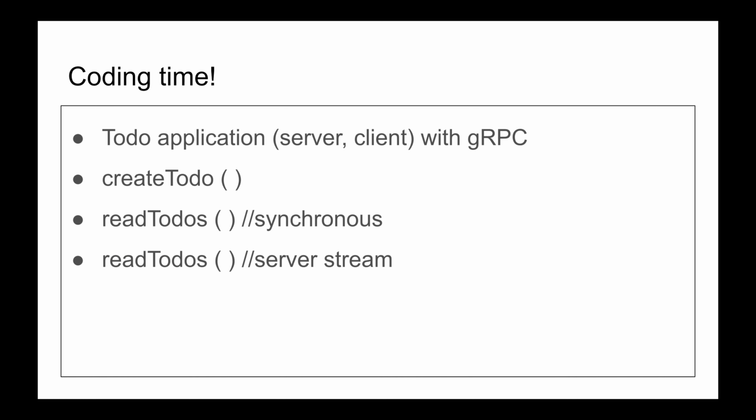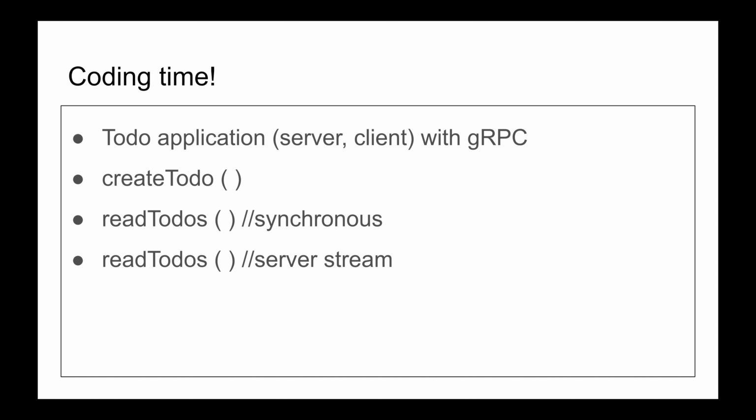Coding time. Let's do this, guys. Okay, so I tried to come up with the simplest example for gRPC. And I decided to do a to-do application because it's very easy to understand. And it's not so simple like the examples on the gRPC website, which is hello world, which actually confused me more.